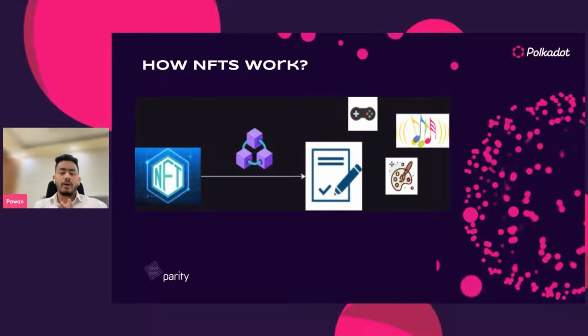If we talk about how they work, NFTs are created through a process called minting, which stores the NFT information. Through this minting process, the NFT's information is recorded into the blockchain.